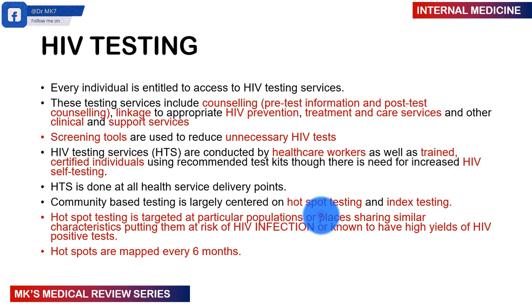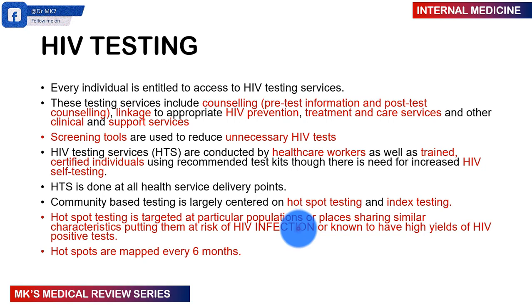It's a random example. Then we would know that that's a hotspot because of the certain risks that people in this area are exposed to when they're getting an HIV infection. And we also realize that in this area, we get a lot of positive results. So these hotspot maps are where we should tailor our community testing.